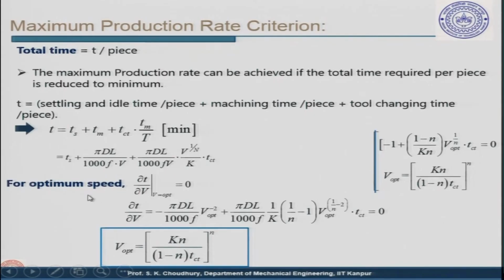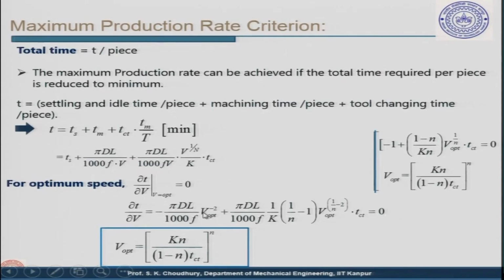Now, for optimum speed, like in the case of minimum cost, the first derivative is equal to 0 with respect to V optimum. When V is the optimum velocity, if we take the first derivative of this equation with respect to V, we are segregating the V as V optimum, because as soon as it is made equal to 0, the V will be V optimum.